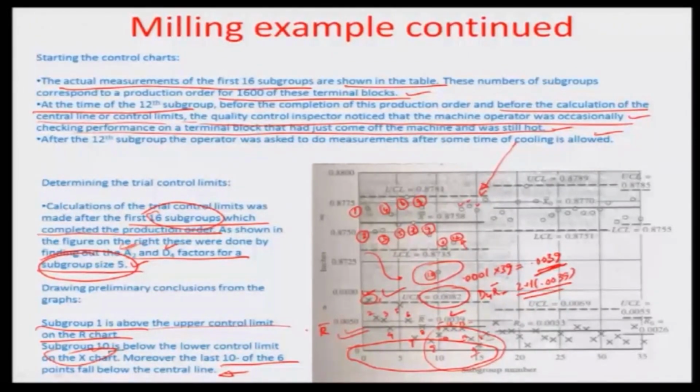So in a way the range is not showing control adequately, whereas in the subgroup 10 the observation really goes beyond the LCL, and so it is amenable to rejection at that particular stage.